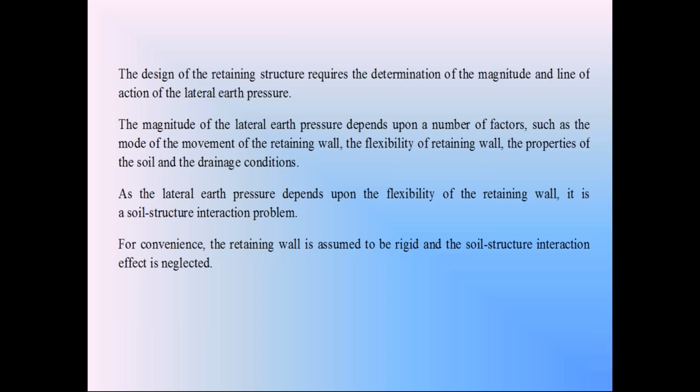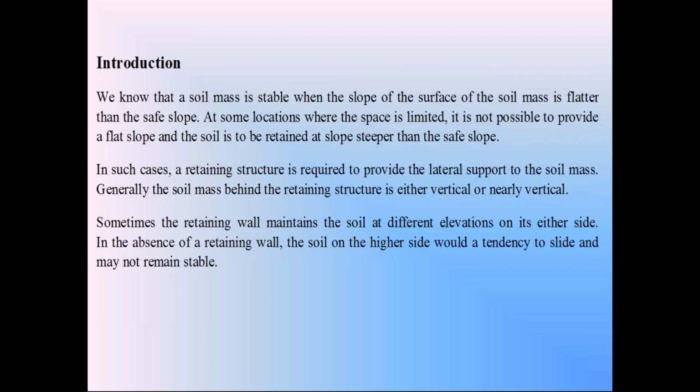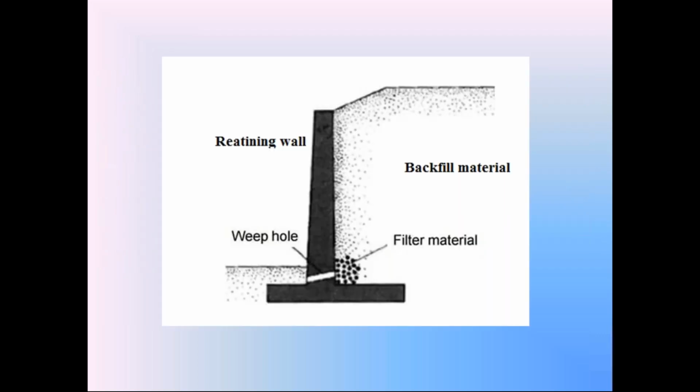Just now I explained this in the diagram. The soil on the back side of the retaining wall, which we call backfill material, applies horizontal earth pressure on the retaining wall.